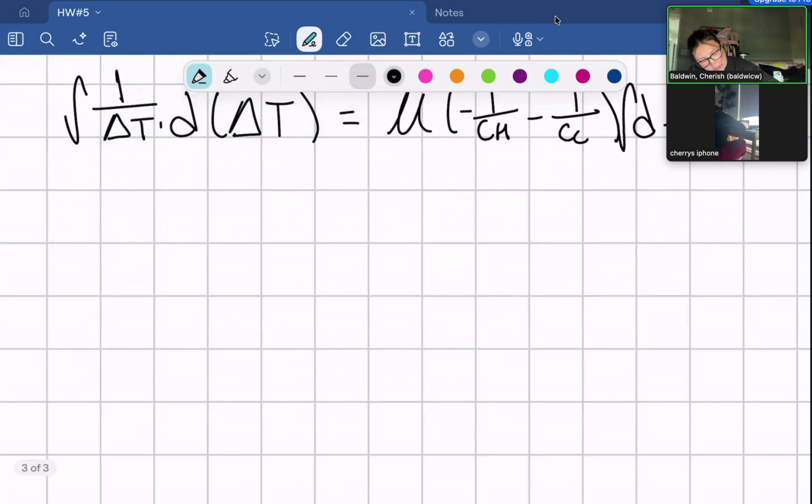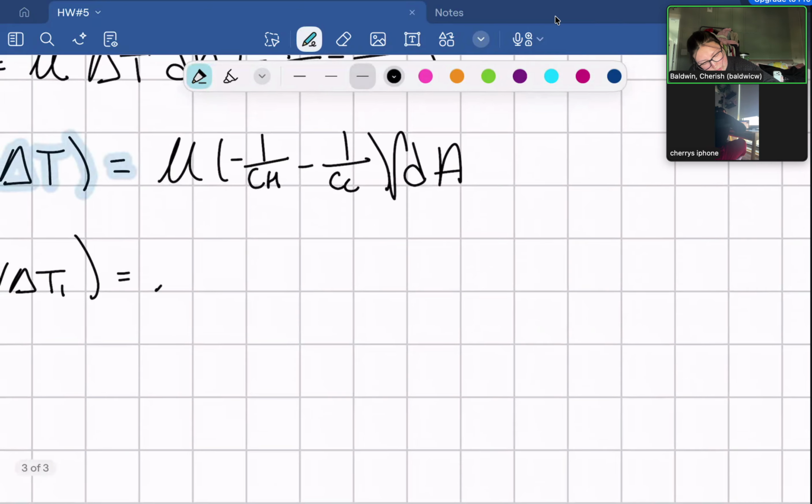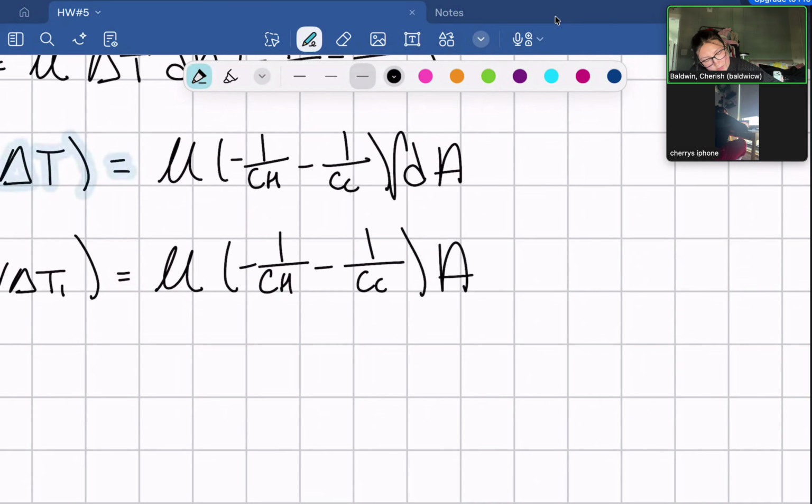So this will be delta T2 to delta T1 equal to U times the area.